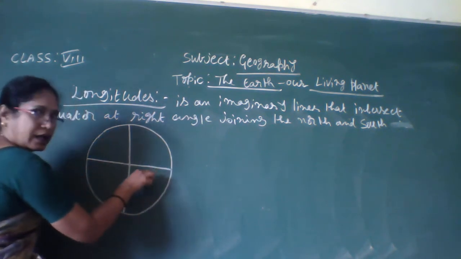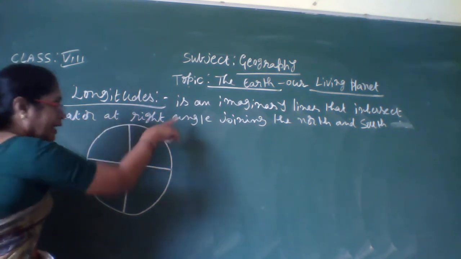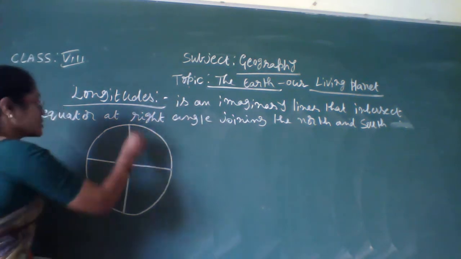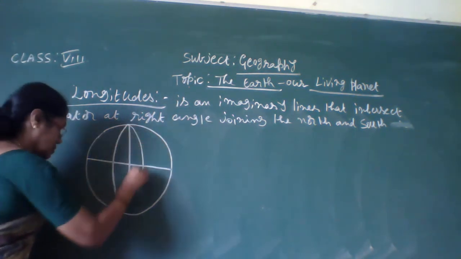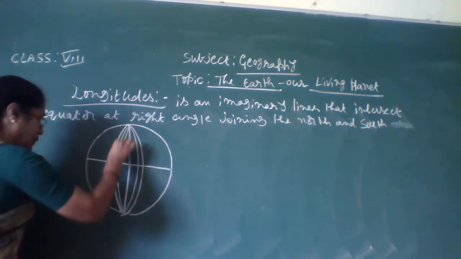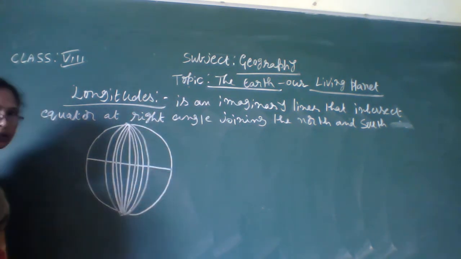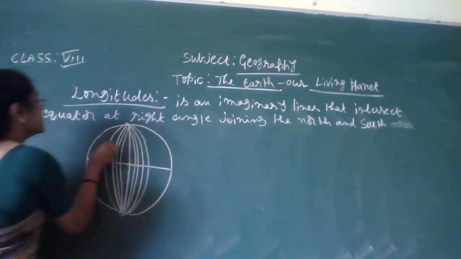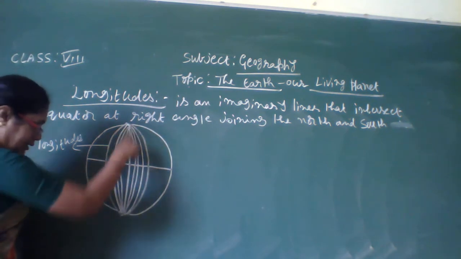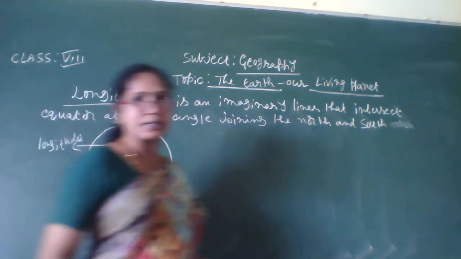This is the equator, right? What does this imaginary line do? It intersects the equator at right angles, joining the north and south. So it keeps joining like this. This is what we call longitudes, understood? Longitudes: it is an imaginary line that intersects the equator at right angles and joins from north to south.